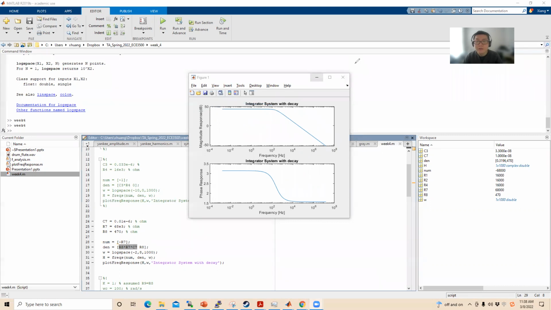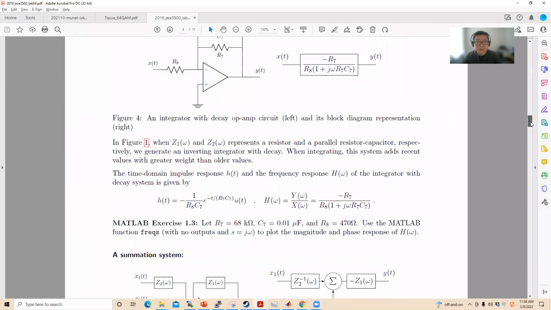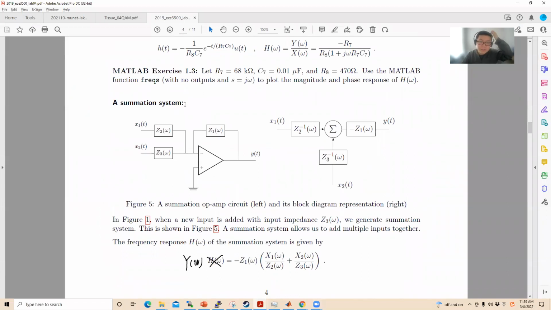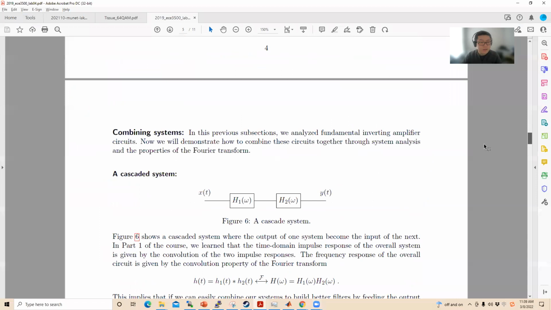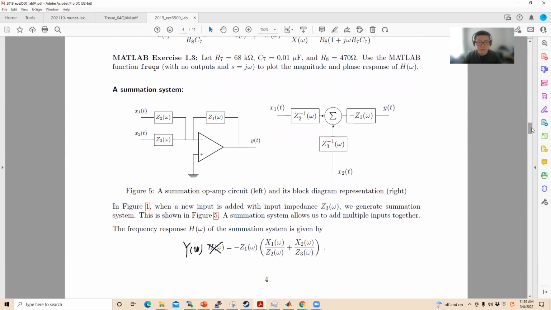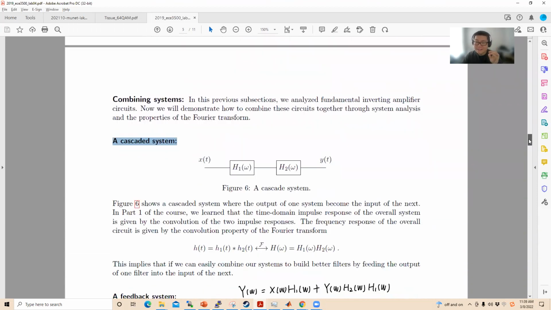Okay, now what we need to do? So the summation system and the cascaded system is the system rule of how to combine individual systems into a complex system, and to know how to get the final system response.